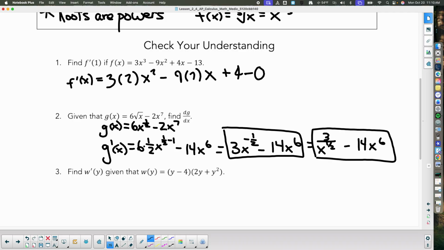It feels like you should just be able to do the derivative of each item, but you cannot. So I purposely, up on top, the only one I put in there is if the terms are being added or subtracted. If the terms are being multiplied, you actually can't do that. So on number 3, you have to FOIL that out before you do the derivative.